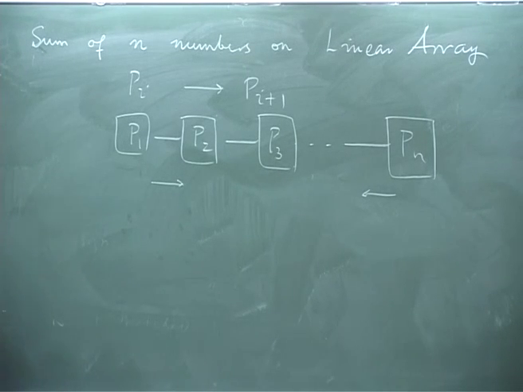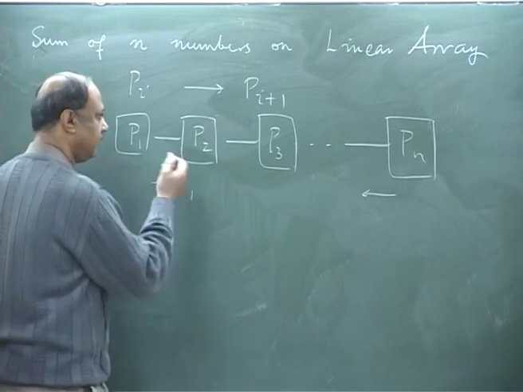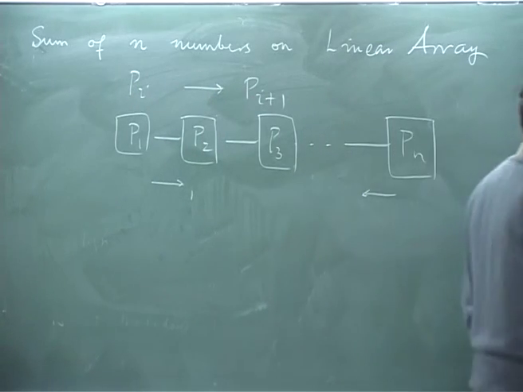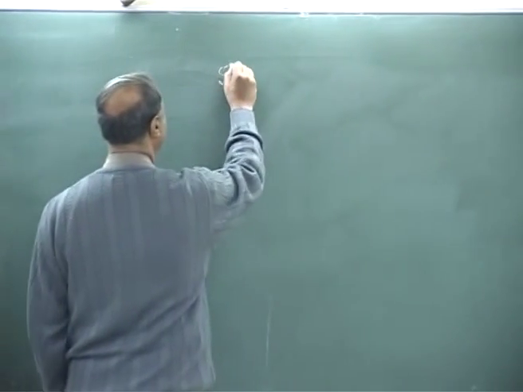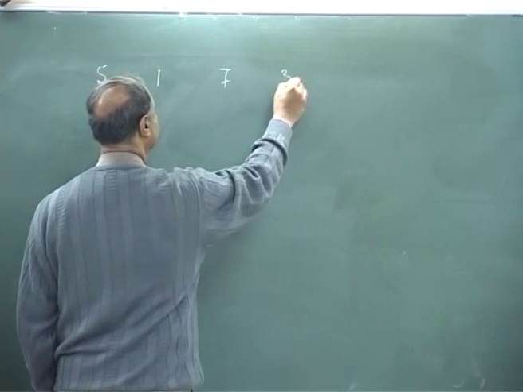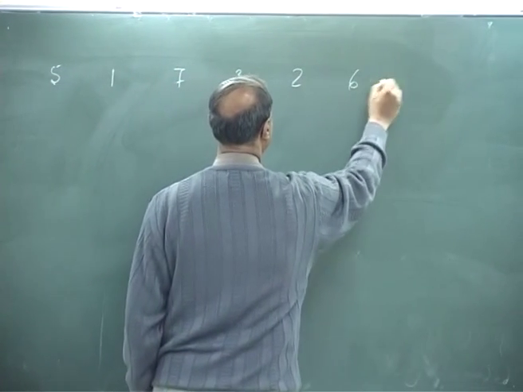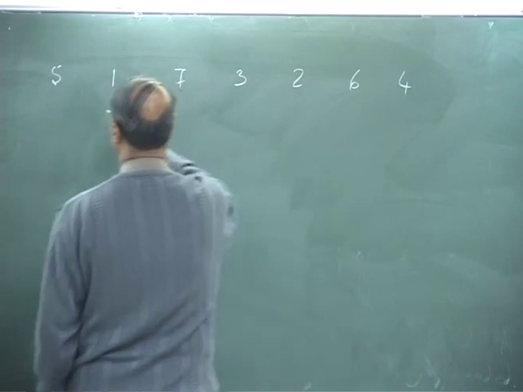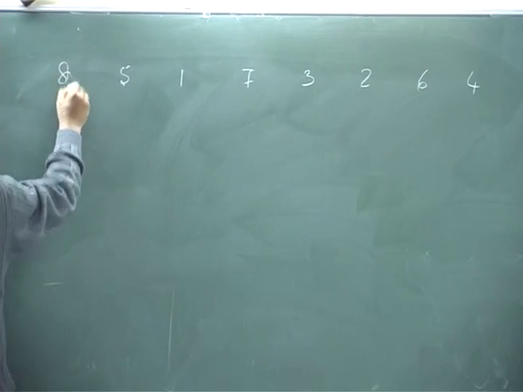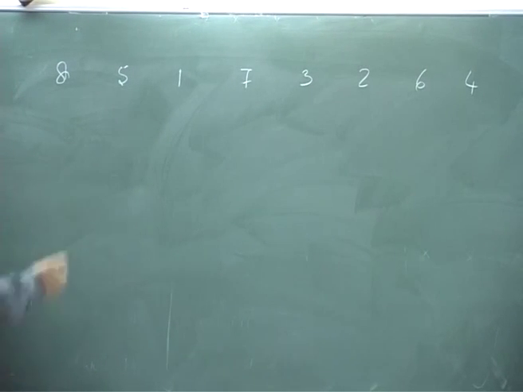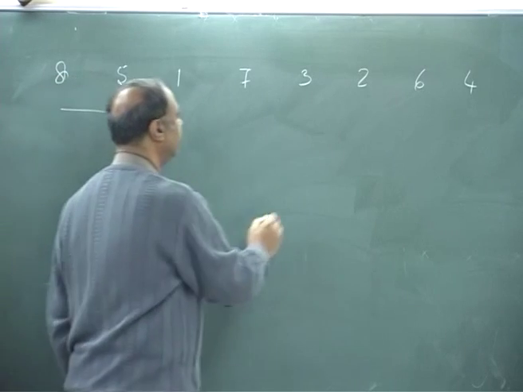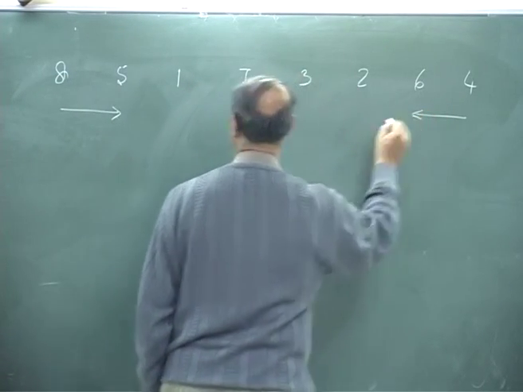See, the data is here. Let us take one example first. 5, 1, 7, 3, 2, 6, 4, and 8. What his method is, that you add this and simultaneously add this.